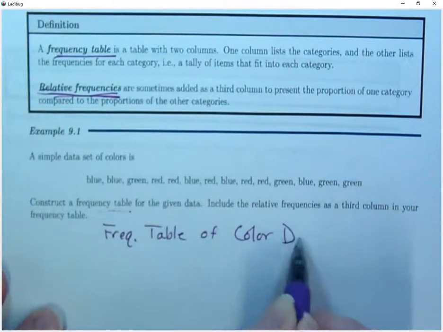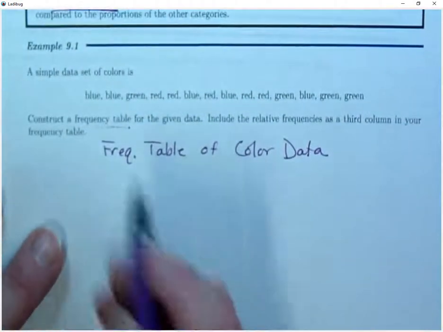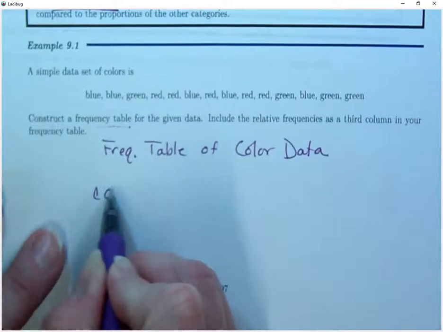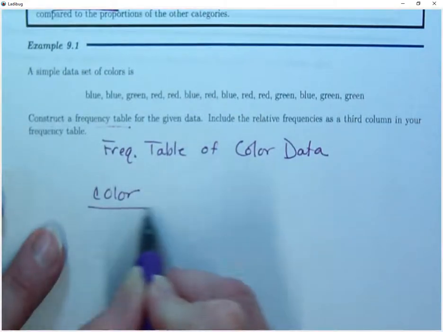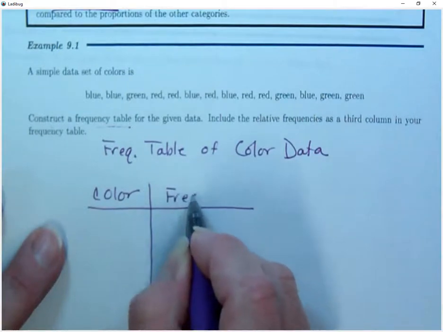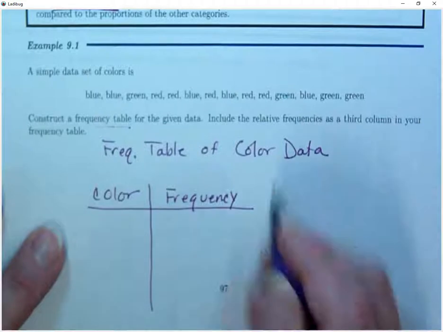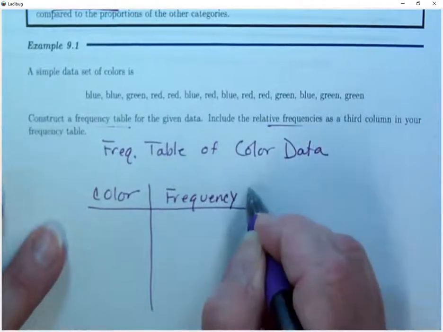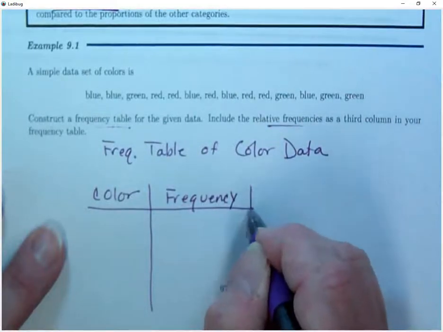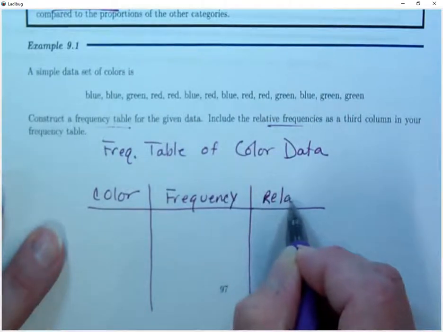I don't really know what it is, it's just kind of generic. So then I would write color, and then I would put frequency here. And if it does say include relative frequency, we'll add a column for that so we don't forget.